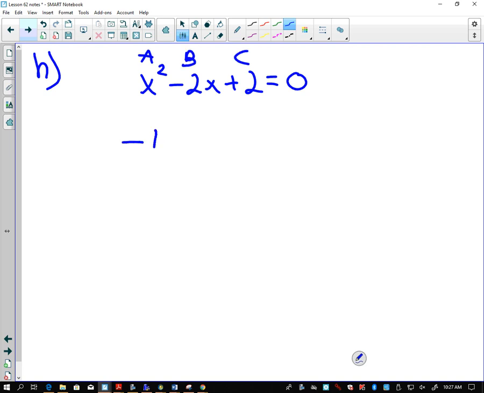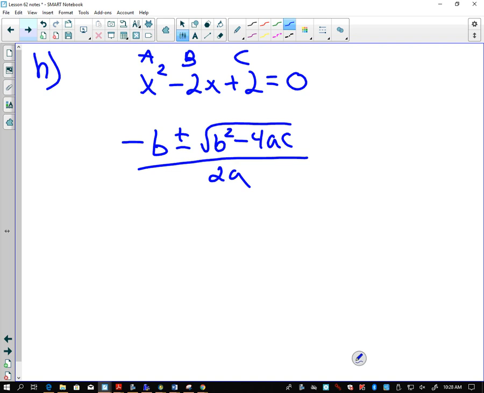Quadratic formula is negative b plus or minus the square root of b squared minus 4ac all over 2a. Are we fairly familiar with that? Okay. So what we're going to do, notice that this b is a negative 2. So what am I going to write in my formula? Negative 2 or positive 2?